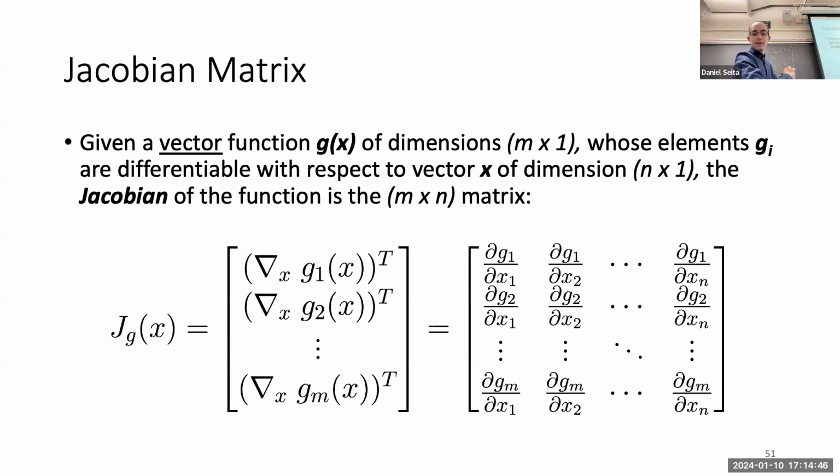The way that I wrote it is that there's a bunch of rows, but each row is like the gradient transpose. So you get a matrix, and I wrote it out more fully over here.